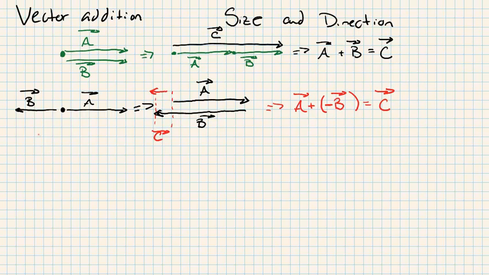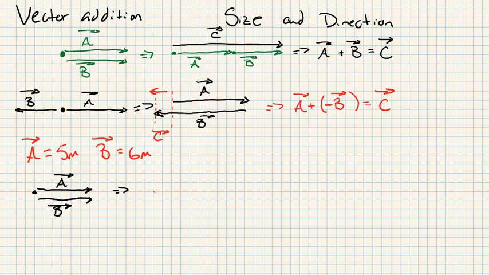Right? Let's apply some numbers to this. Let's say that our A vector is equal to 5 meters, and our B vector is equal to 6 meters. Well, what does that mean? It means that in our first situation, A and B are both directed to the right.